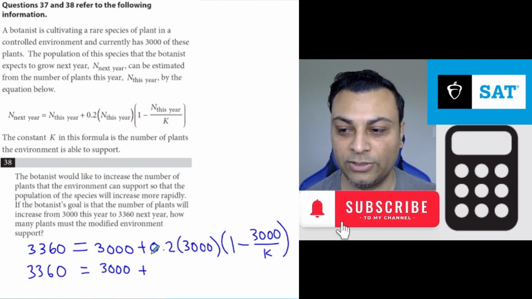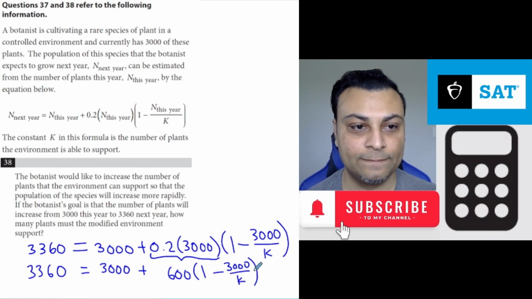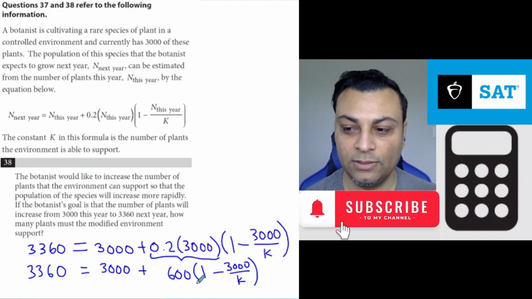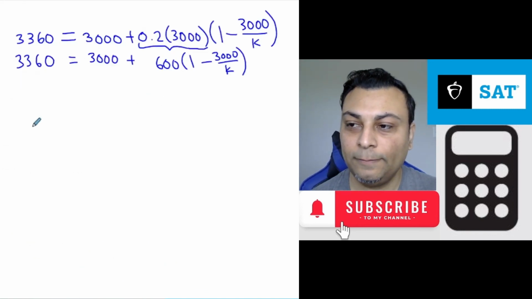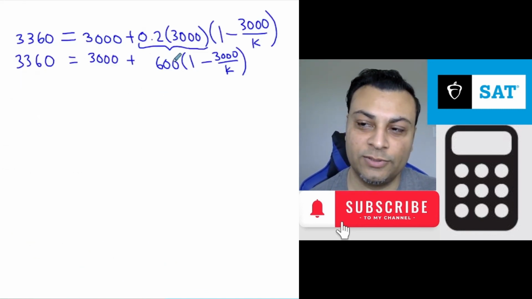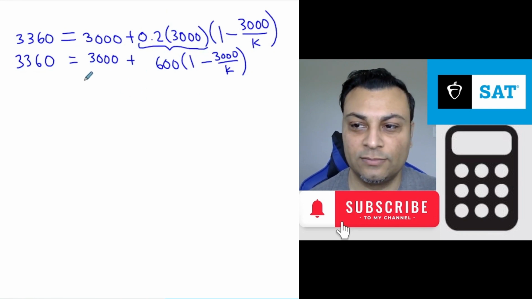So this part here is 600, times 1 minus 3,000 over K. And then I'm going to keep going. From here, we're going to distribute this 600. But first, let's subtract 3,000. Get that out of the way. Minus 3,000. Minus 3,000.